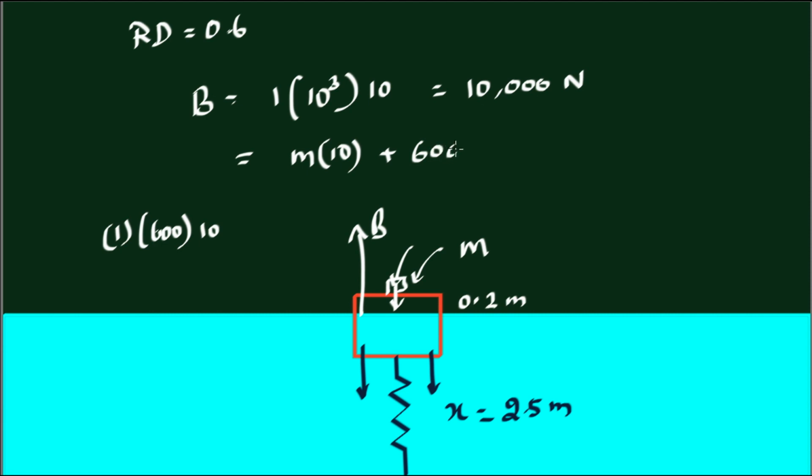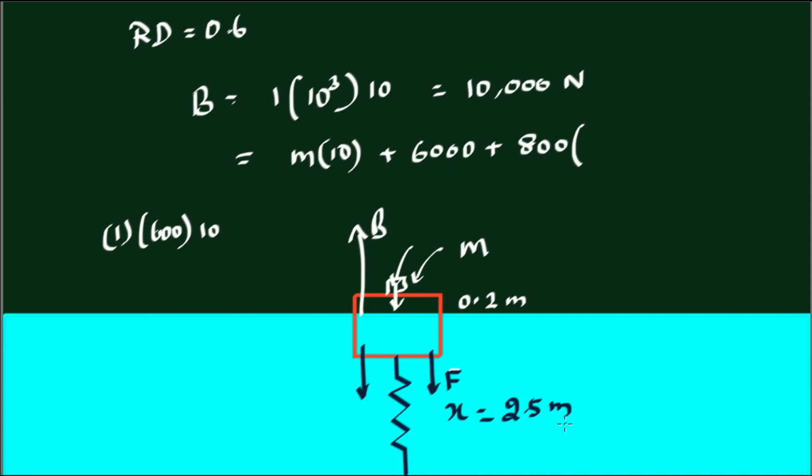So that is 6,000 newtons, the weight of the block, plus the pull of the spring, which is spring constant 800 multiplied by how much? Now remember, initially the spring was extended by 2.5 meters. Don't confuse this with this arrow. This arrow is the force exerted by the spring.